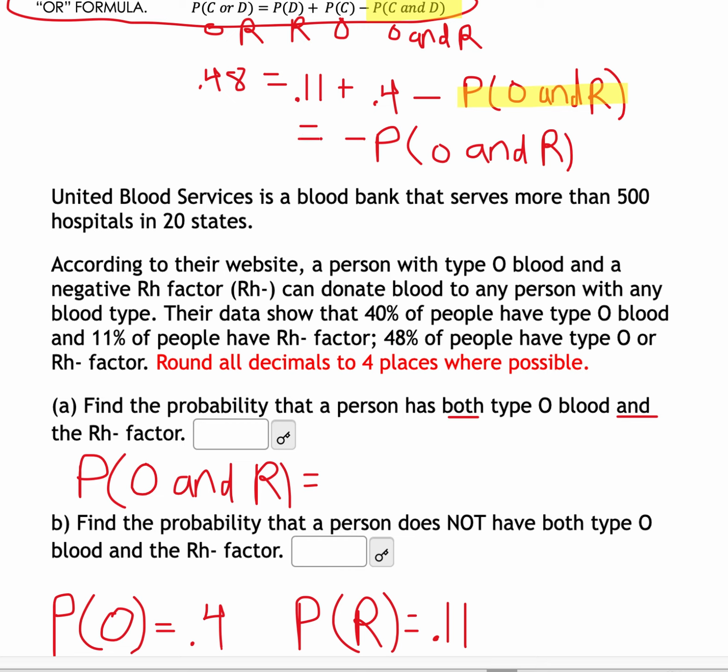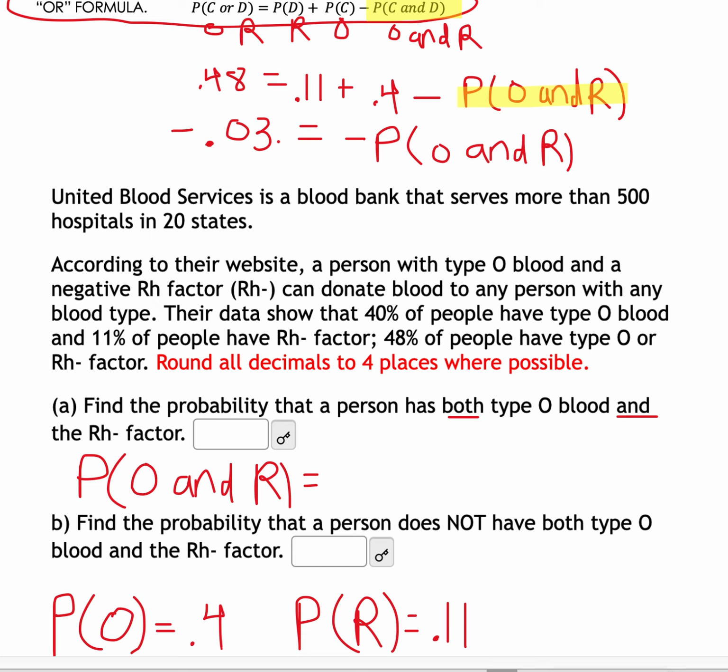So when I take 0.48 and subtract 0.11 and then subtract 0.4, I'm going to get negative 0.03. And if I know that the negative value of this probability is equal to negative 0.03, I know that this probability of O and R must be 0.03.